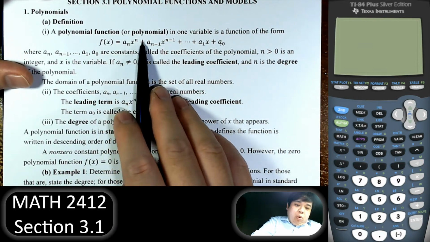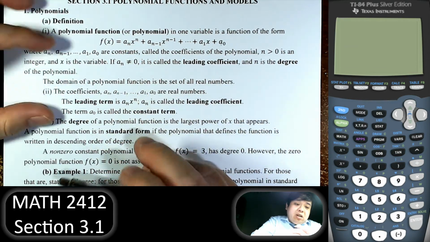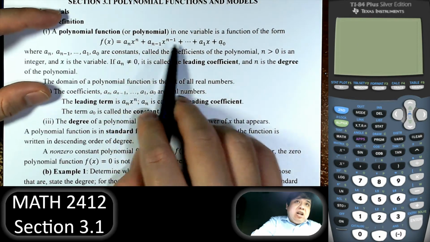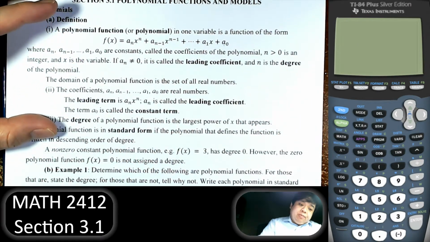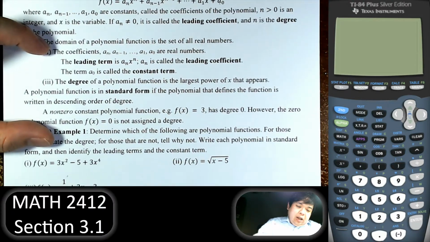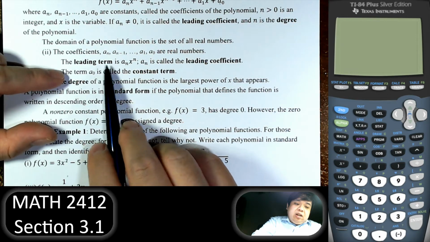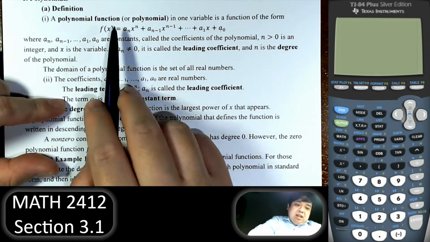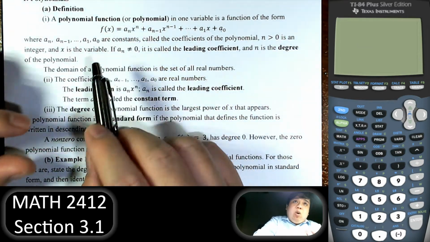We don't have anything under the denominator. We do not have anything inside an even root. So it is defined everywhere. With coefficients that are real numbers, the leading term is the one with the highest degree, and the leading coefficient is the coefficient of that term.